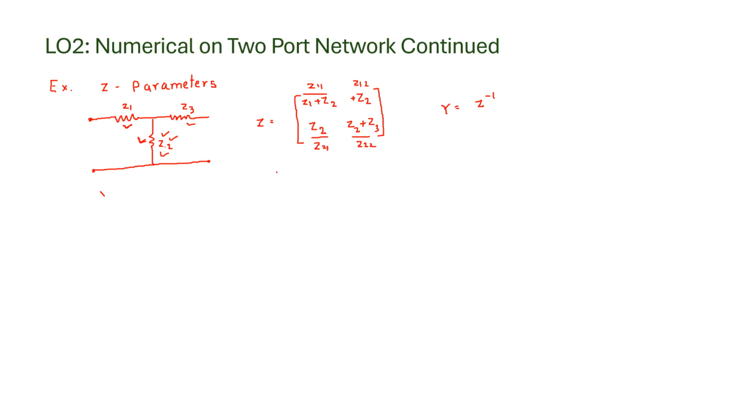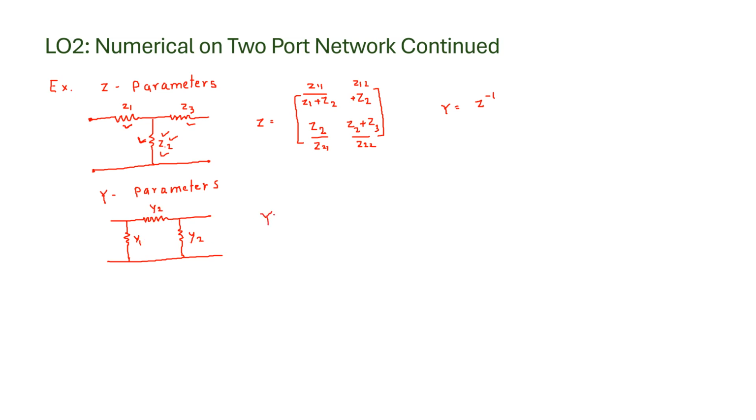Now I will take a reference network for Y parameters. Let this be the reference network. Let this value be y1. I am taking it in mho now: y1, y2, and y3 mho.